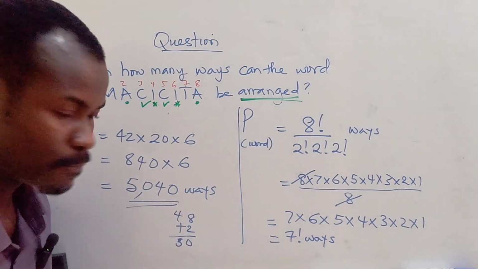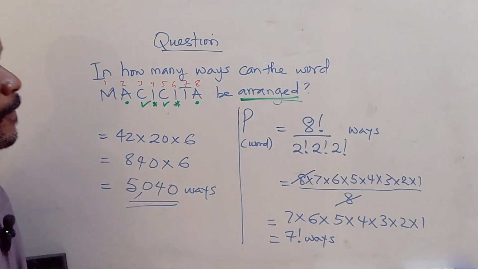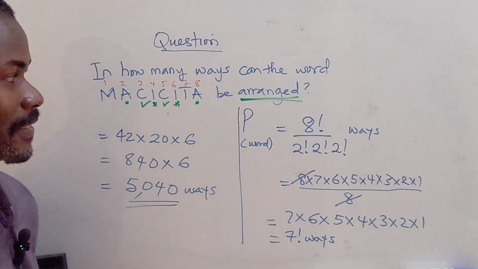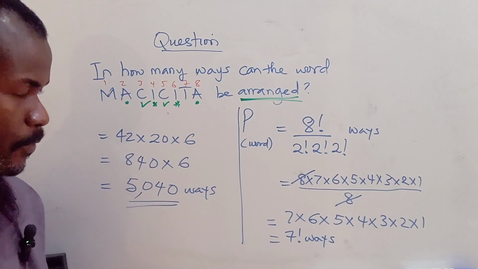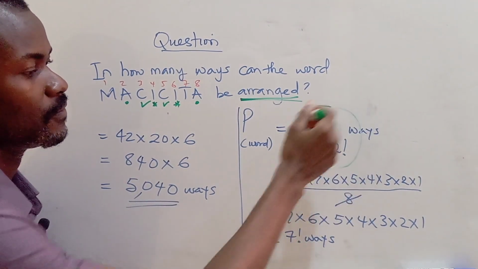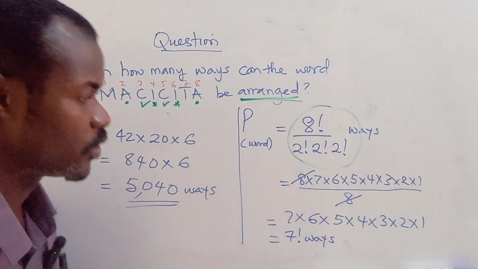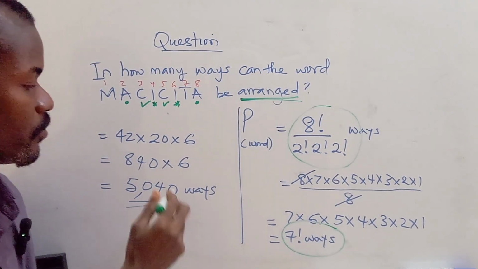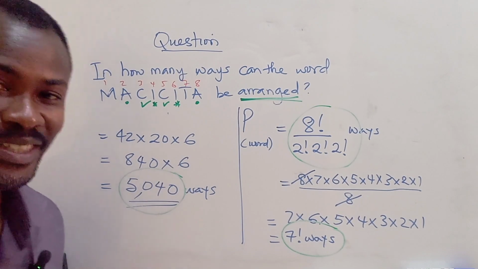So we can arrange the word MACICITA in 7 factorial ways, or 5,040 ways. That could be your answer and your solution.